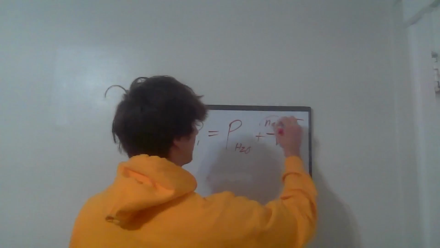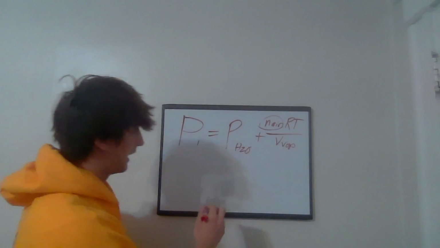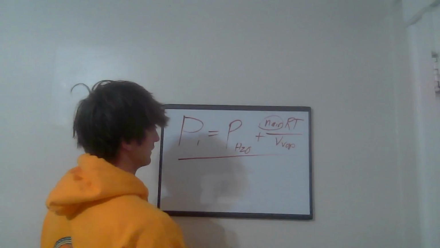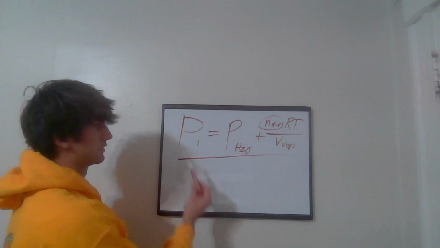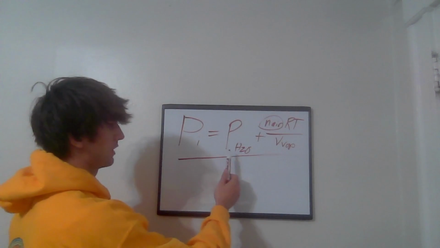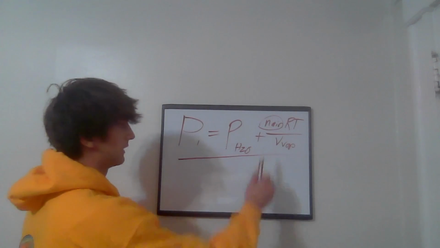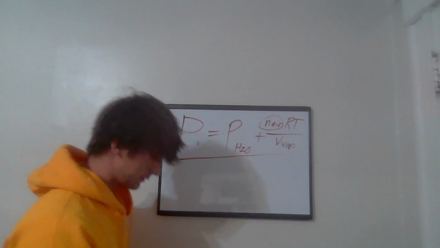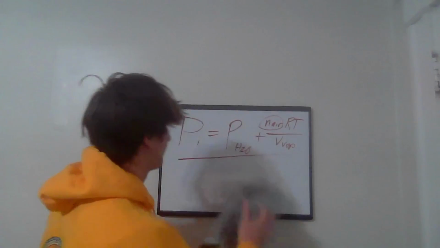So this is going to help us get our moles of air. And this equation is going to be beneficial because we have the initial pressure and we have the pressure of the water, and we can find our moles of air for this. So yeah, that's going to help us.